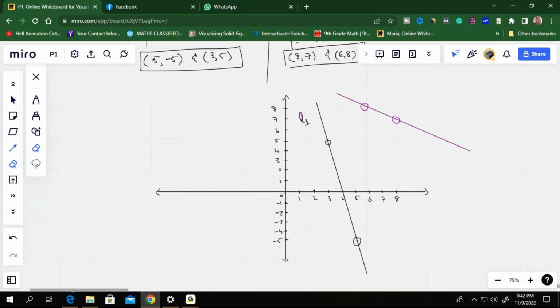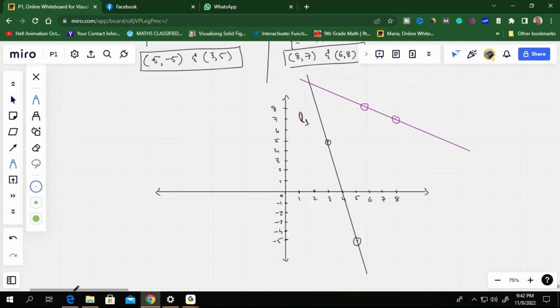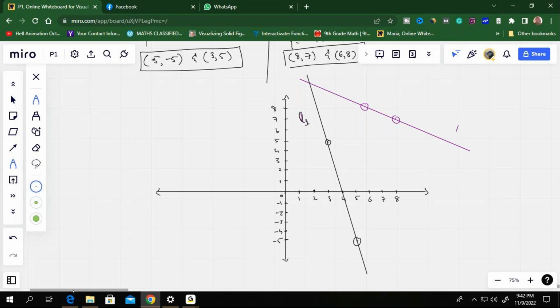I'm going to extend these 2 lines. You can see that they are intersecting over here. This is my L2.